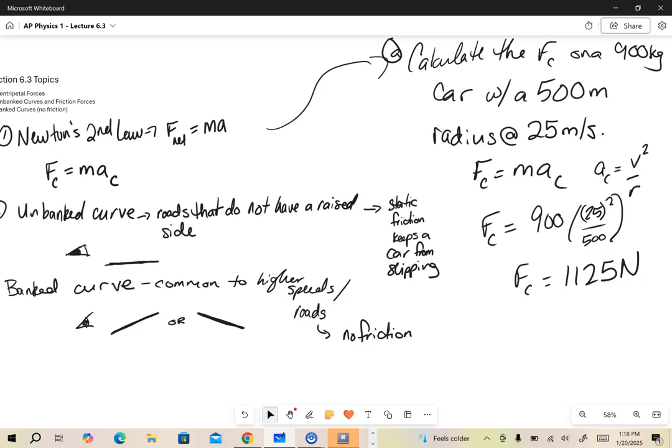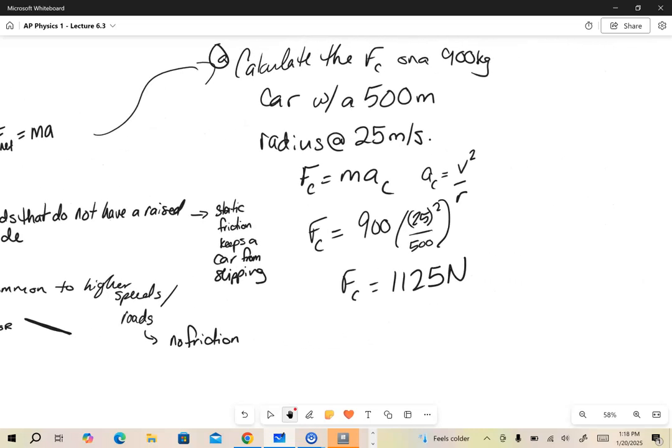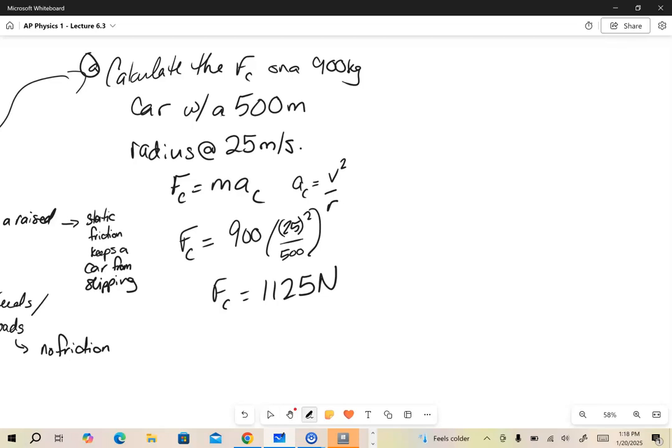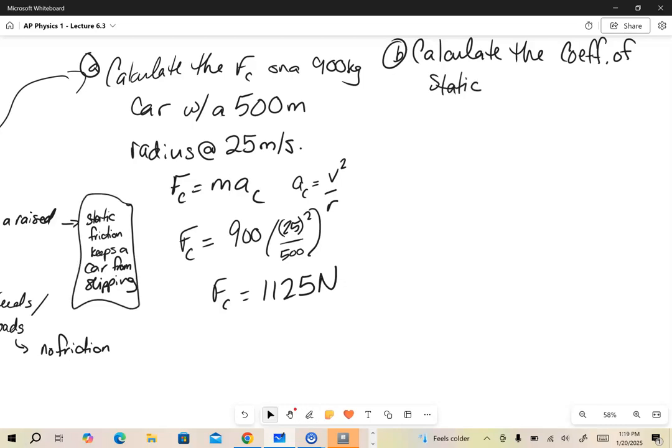In the second part of the problem, we're going to calculate the coefficient of friction, static specifically, because remember we said with unbanked curves that static friction keeps the car from slipping.